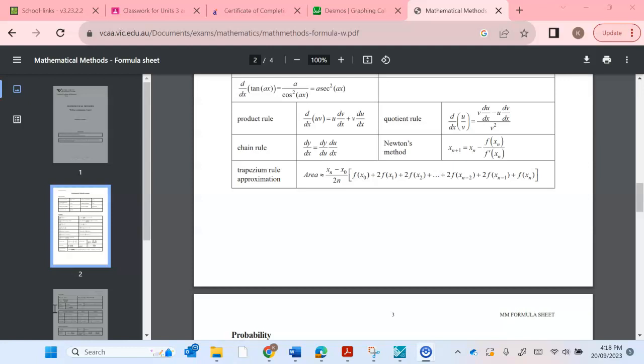So this is xn minus x0, that's just your end x value and your starting x value, over 2 times n, where n is your number of trapeziums. So you'll see a multiple choice question, I think, that uses that.